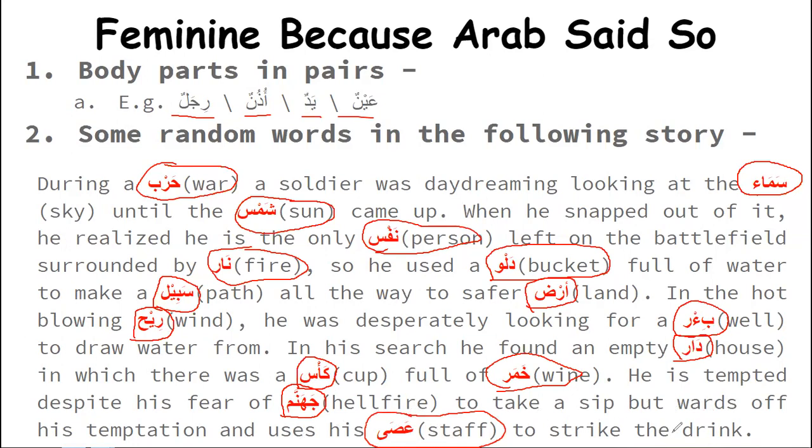So he broke it and he never drank the khamar. So those words, 1, 2, 3, 4, 5, 6, 7, 8, 9, 10, 11, 12, 13, 14, 15. Those 15 words are considered feminine in Arabic because the Arabs said they are feminine. And we are just attempting to make a story out of it so that we do not forget those words.